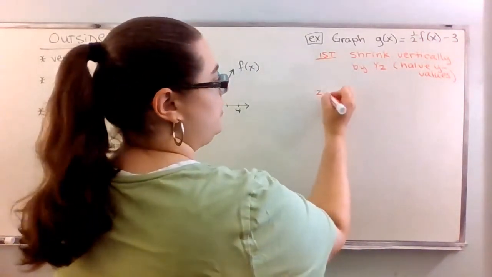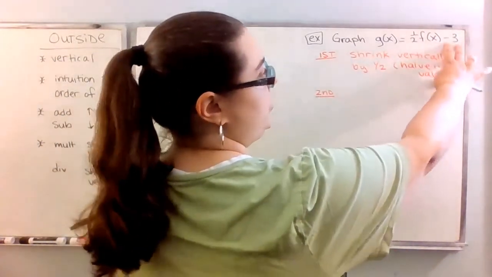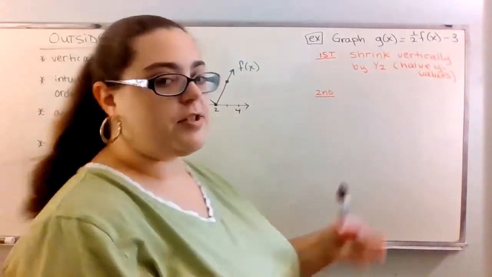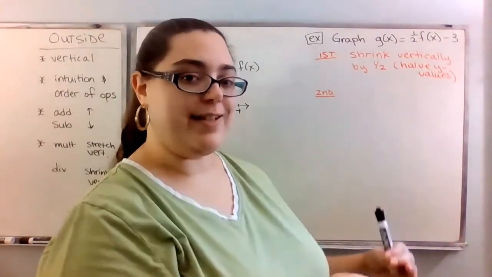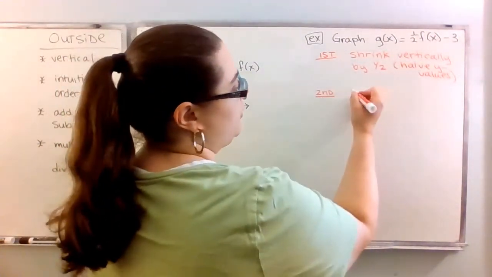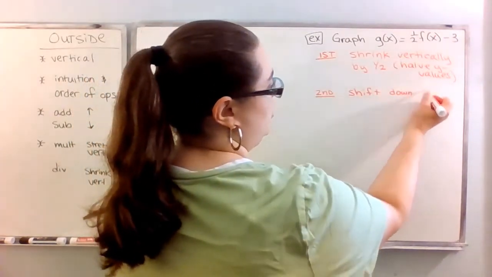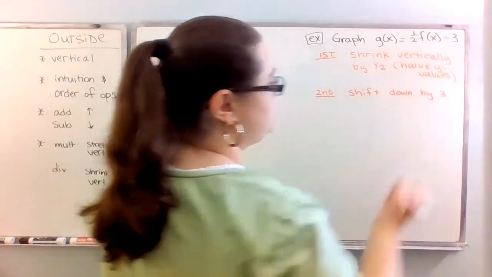Second, we have this -3. Because we are subtracting, this is going to be a shift downwards. So after we shrink everything by 1/2, we're going to shift down by 3.